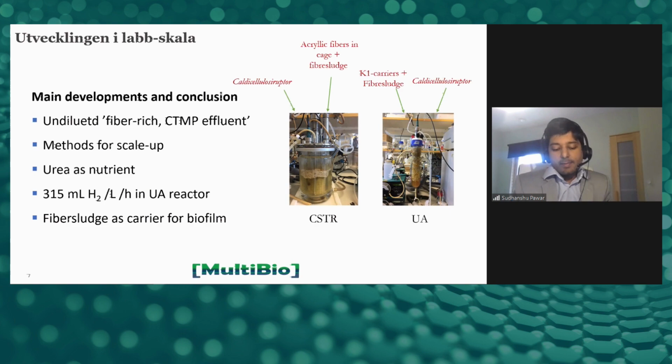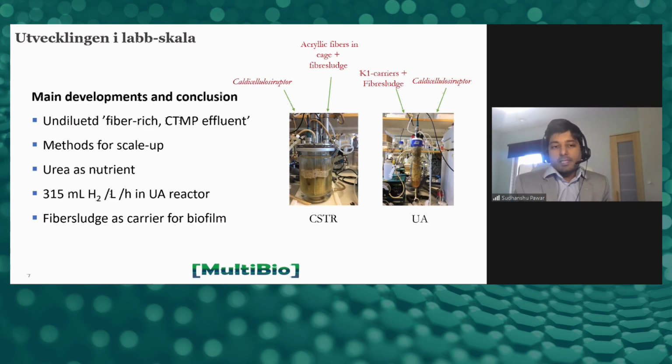Another aim with the lab project was to develop methods for scale up of the process, which was done later on. We also looked at feasible nutrients, for example, urea as a nutrient for microbes. That meant we could minimize the cost of the process very much.